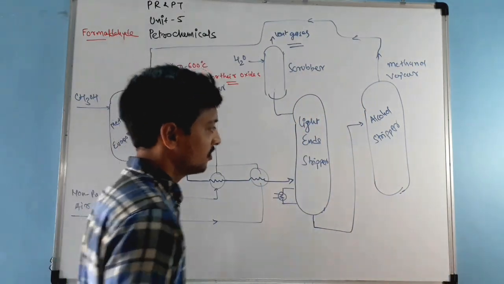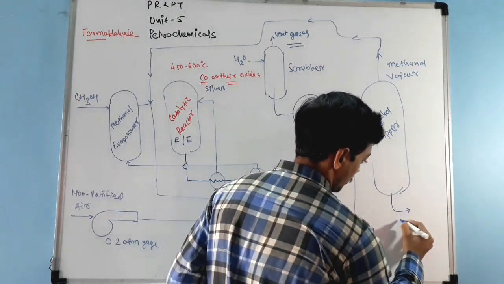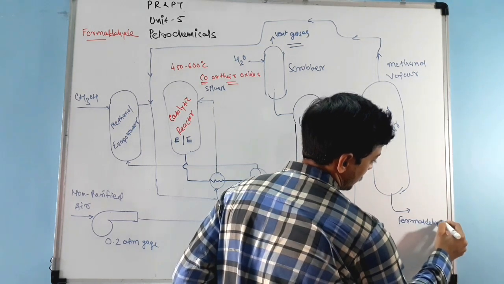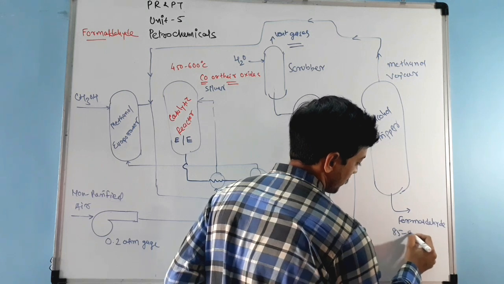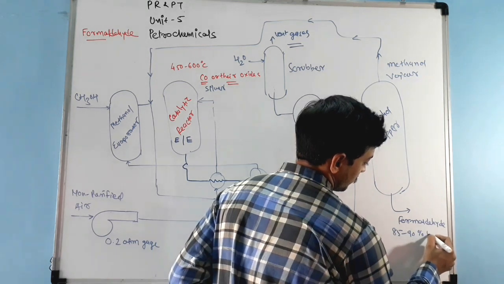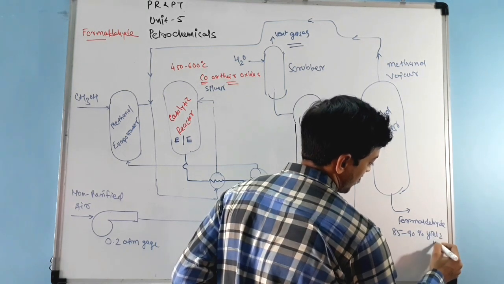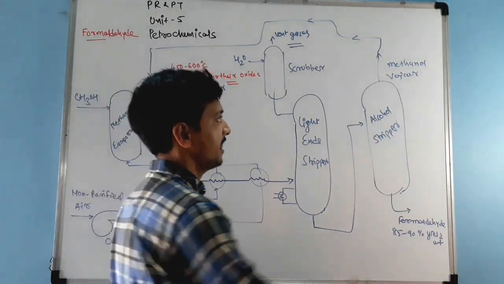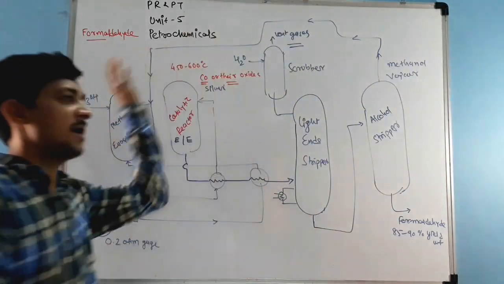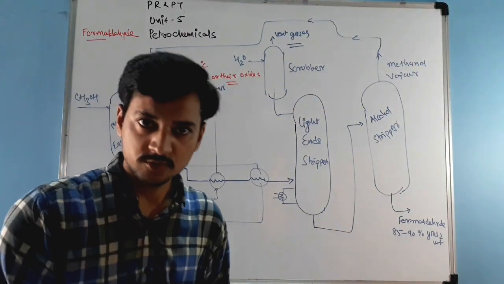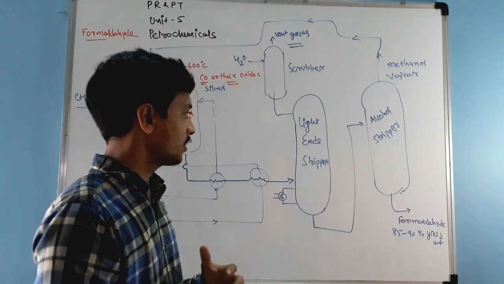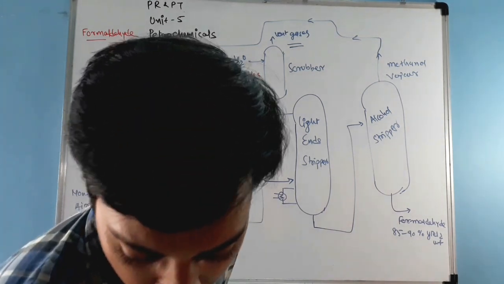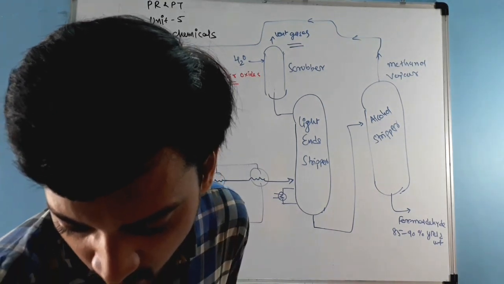At the bottom of the column, formaldehyde at around 85 to 90% yield by weight is removed and methanol vapor is recycled back to the process. Okay, got it?